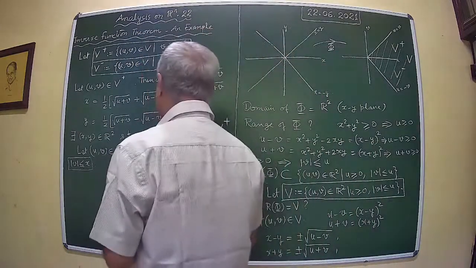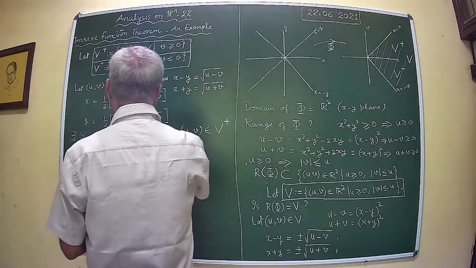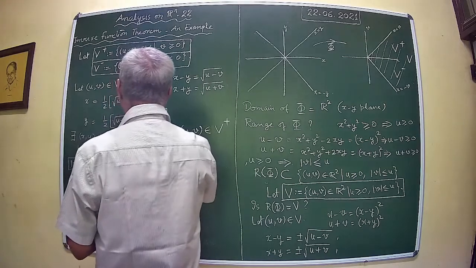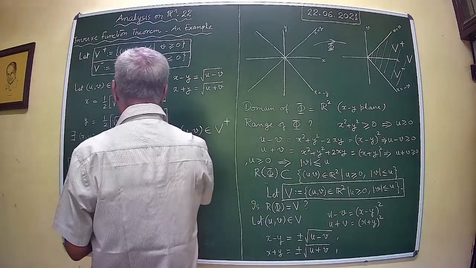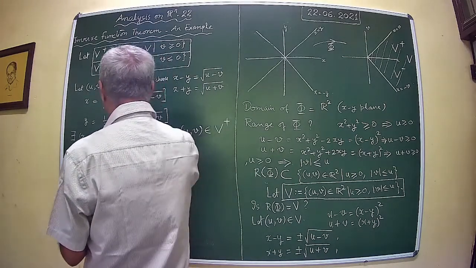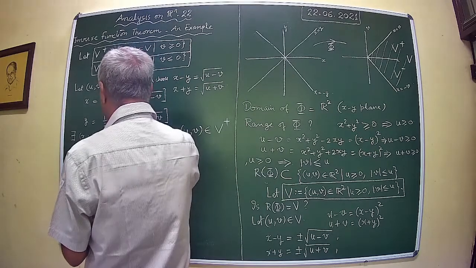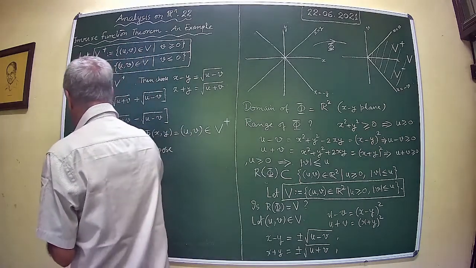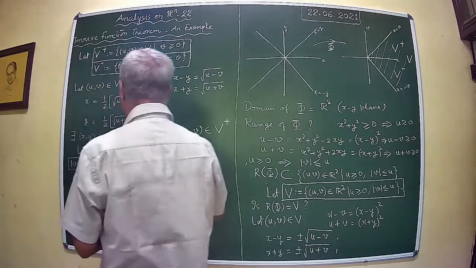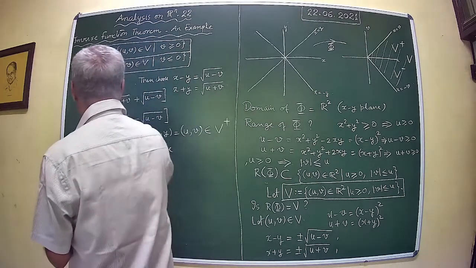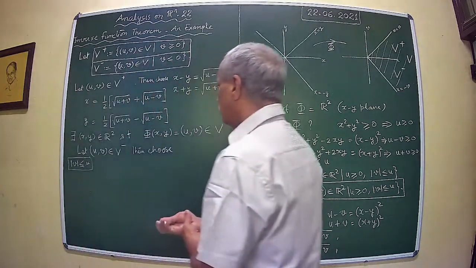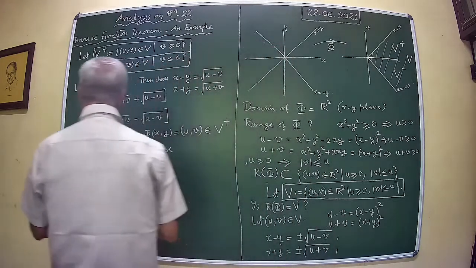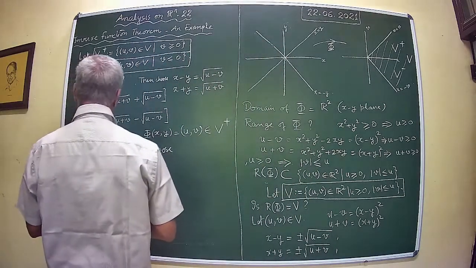So v is negative, therefore u minus v is well defined, and v is negative, but you have this condition, therefore this is true, therefore y is also well defined.